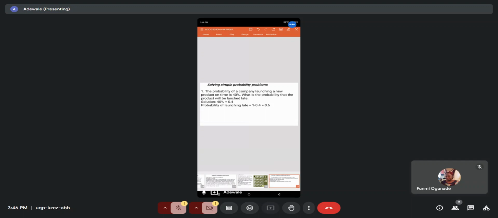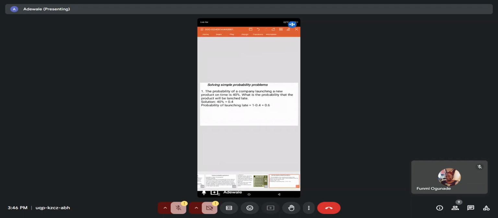For example, let's say the probability that a student will fail a test is 0.2, and you are asked to find the probability that the student will pass the test, it is 1 minus 0.2, because the sum of probabilities, like I said earlier, is 1. So if you are given the probability of an event happening and they ask what is the probability that this thing will not happen, just subtract that probability from 1, then you have your answer.